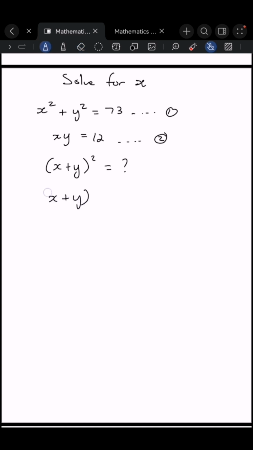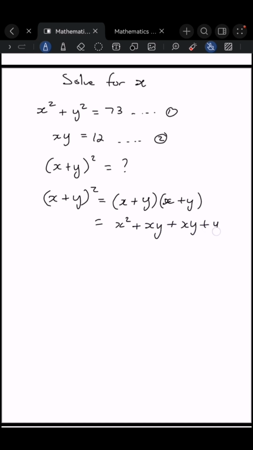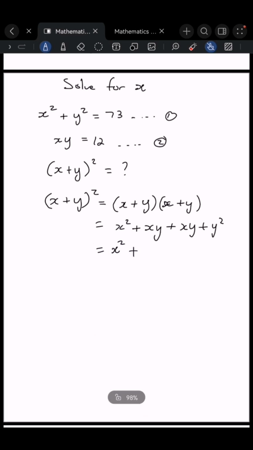is equal to (x plus y)(x plus y), which makes x squared plus xy plus xy plus y squared, which is equal to x squared plus 2xy plus y squared.